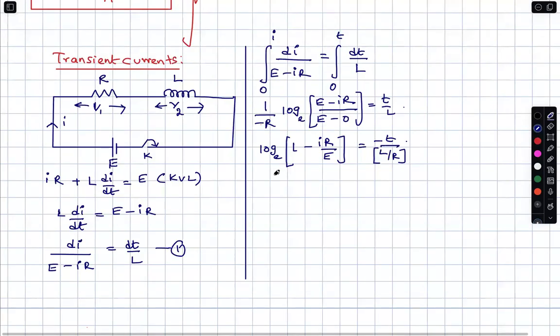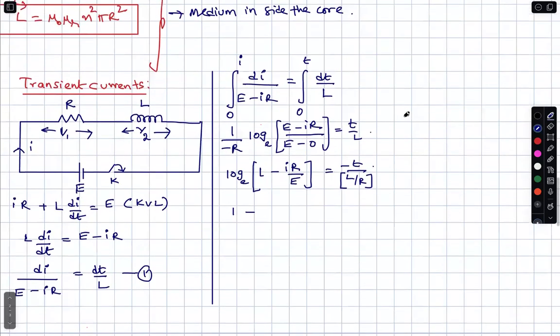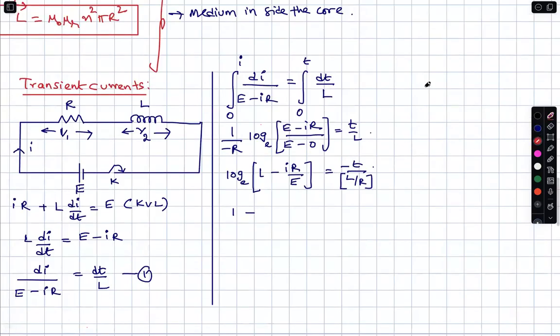With this I can write 1 minus. See, let us try to write some constants here. A different color I will use for this. Wherever I use E by R, I will use a term called I naught. Wherever I use L by R, I will use a term called tau.